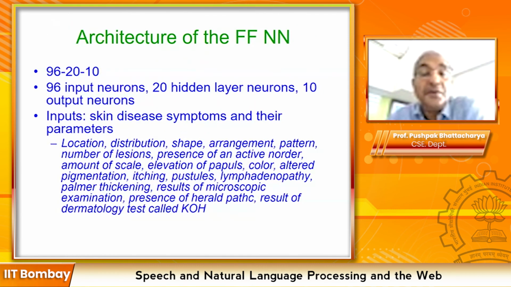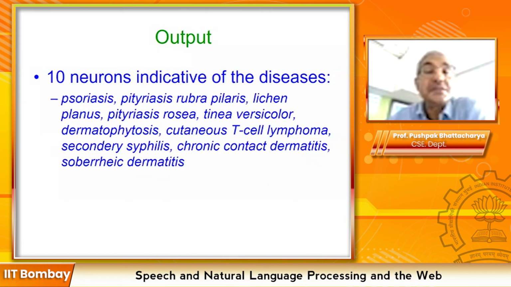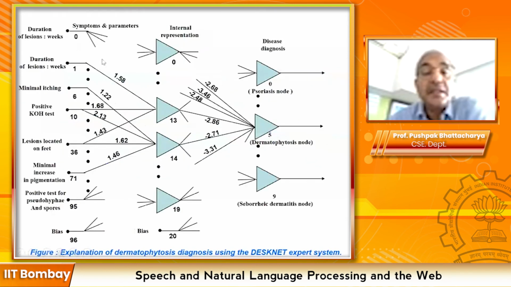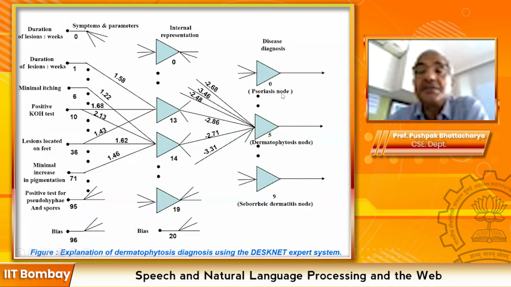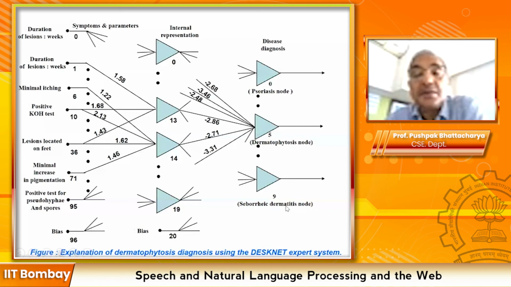Now, a feed-forward neural network is used for this. So look at this. There are multiple layers. There is one hidden layer and there is one output layer. In the output layer, you have the disease decisions. Psoriasis is a particular disease. Dermatophytosis is another disease. Seborrheic dermatitis node.